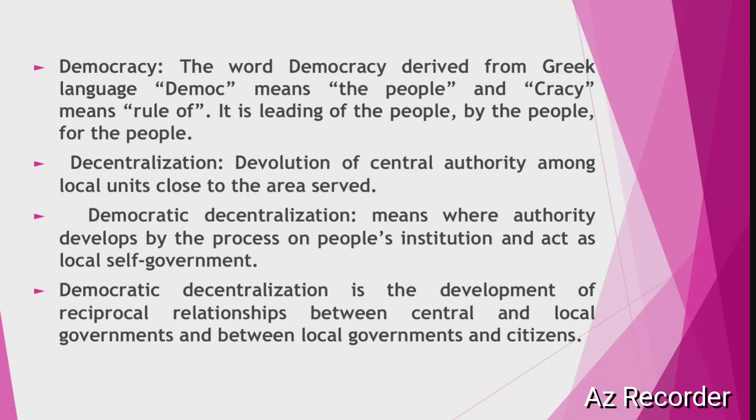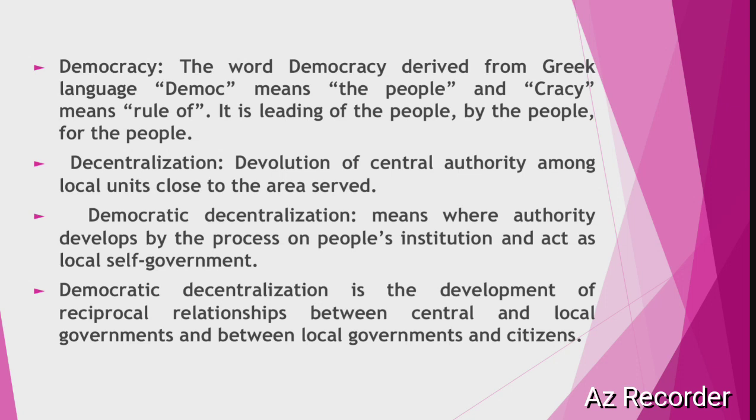Next, coming to democracy. The word democracy is derived from the Greek language: demo means the people and kratia means rule of. It is rule of the people, by the people, and for the people. Decentralization: devolution of central authority among local units close to the area served.